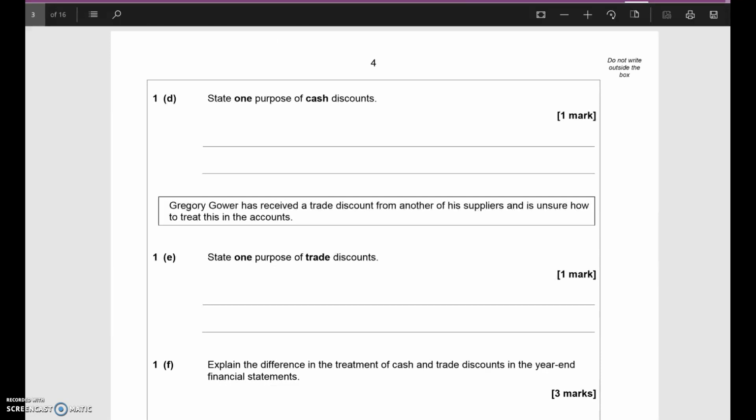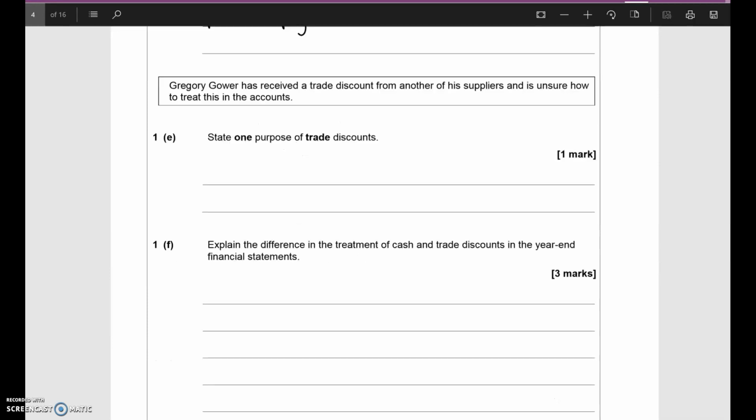It says state one purpose of cash discount. The main purpose of a cash discount is that it encourages prompt payment. If you offer some discount for paying within 14 days or 30 days, then hopefully you would get prompt payment, which is good for the organization's cash flow.